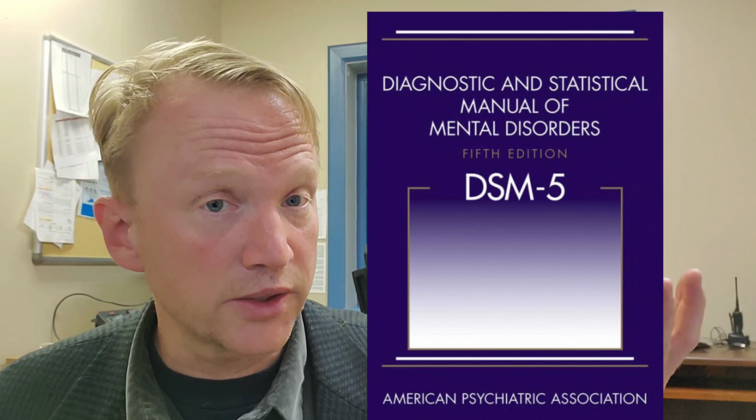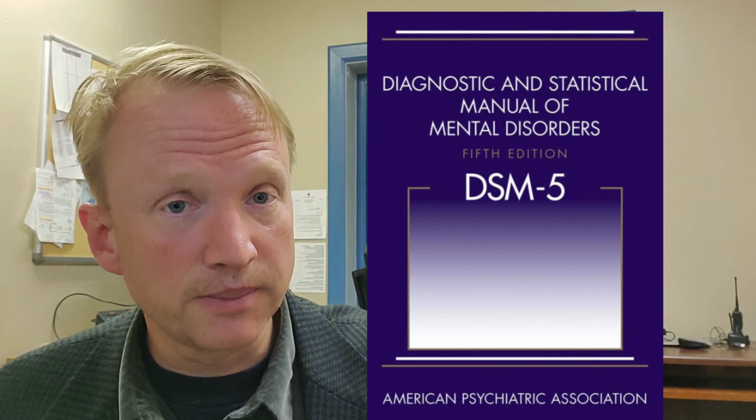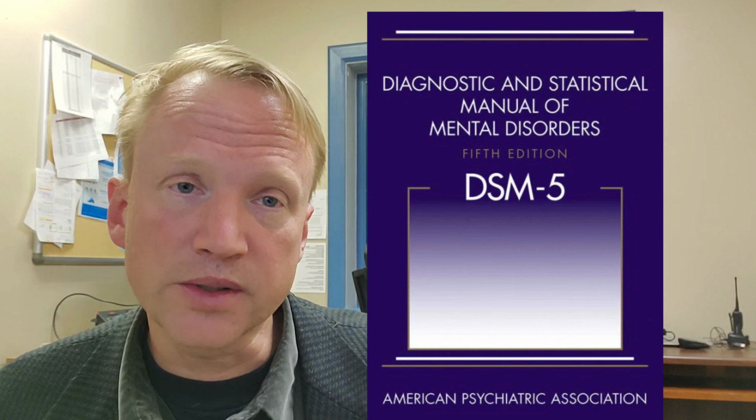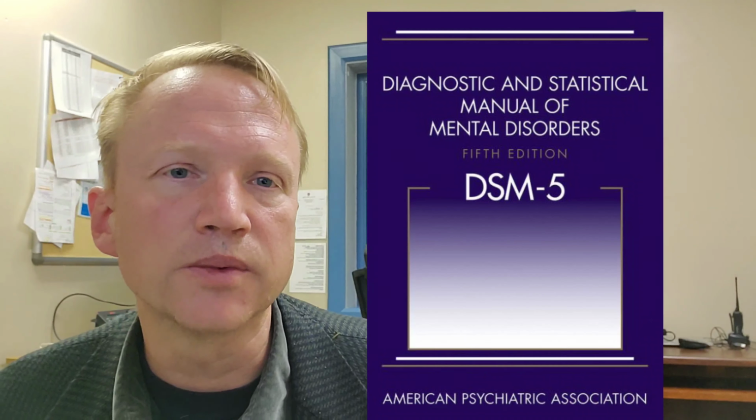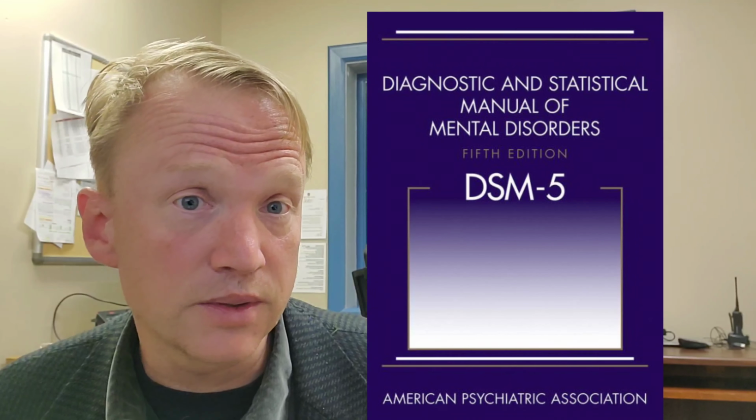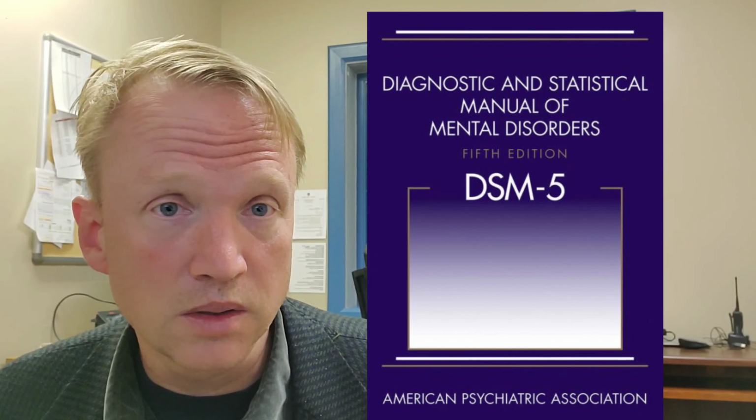So if you did listen to that lecture, you'll know that one of the things that I talk about in that lecture series is the concept of DSM diagnoses and why there are these checklists. Why you can look at something like DSM and go in there and say, okay, this symptom is here or not, and you have to have a certain number of them to define any of the diagnoses that psychiatrists use in DSM.